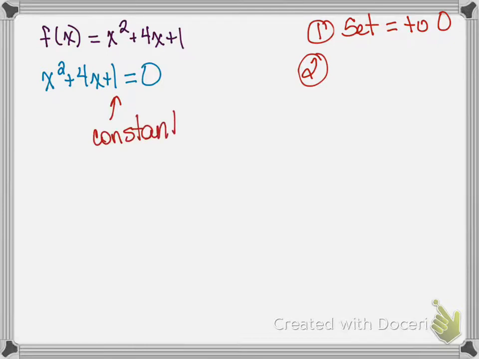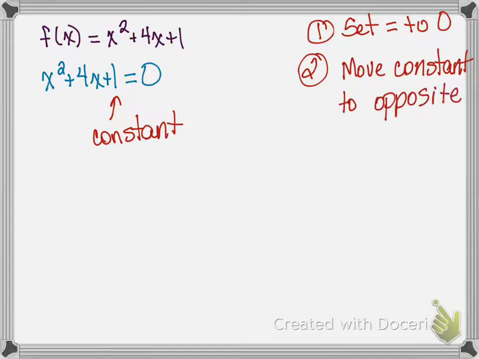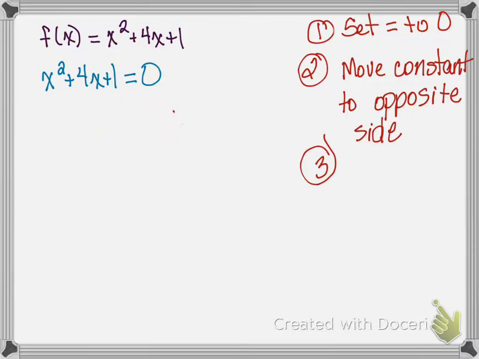I'm going to move the constant to the opposite side of the equal sign. How do I do that? What do I get when I move that over? -1. Good. So this is x squared plus 4x equals -1. So I've moved that constant over.